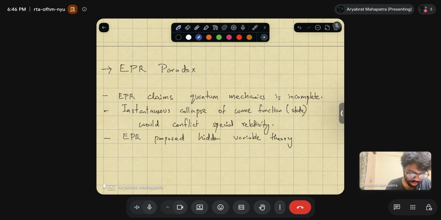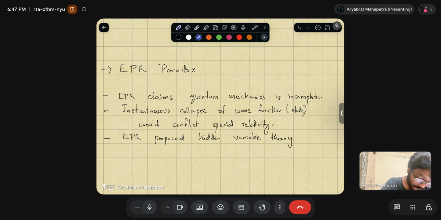So this is one of the famous, or rather infamous, stories behind quantum entanglement. When this new idea was proposed during that time, there were obviously some people who weren't able to appreciate it in the way it was defined.